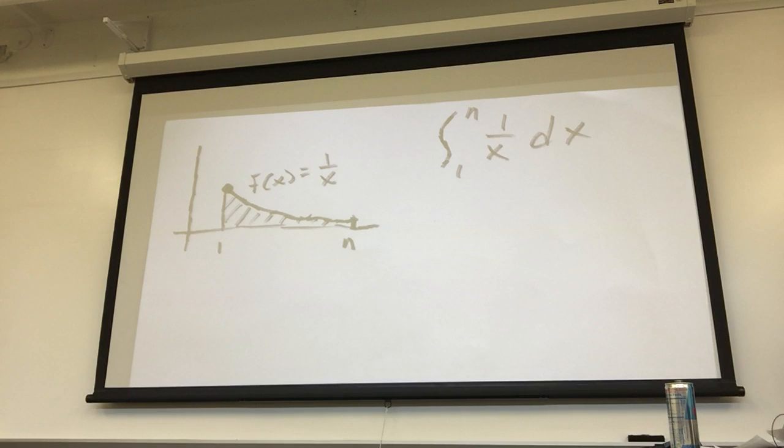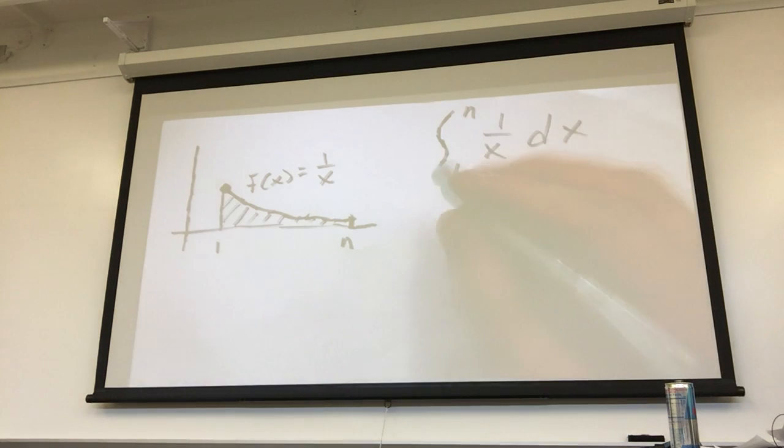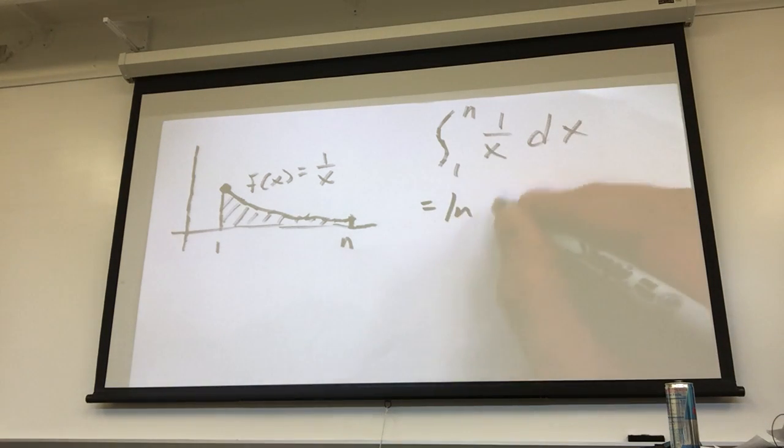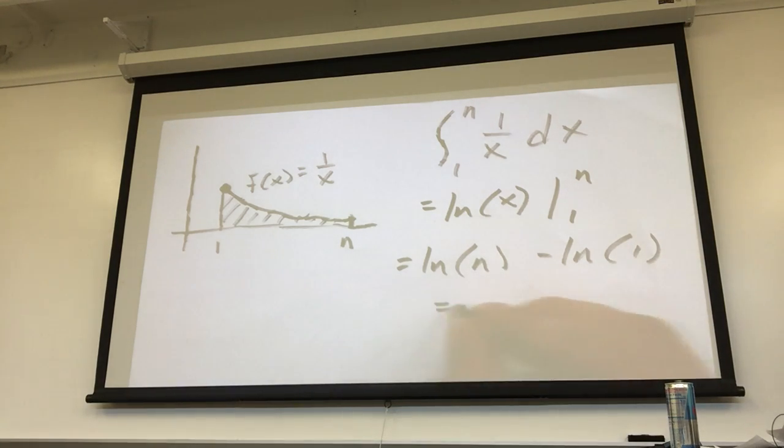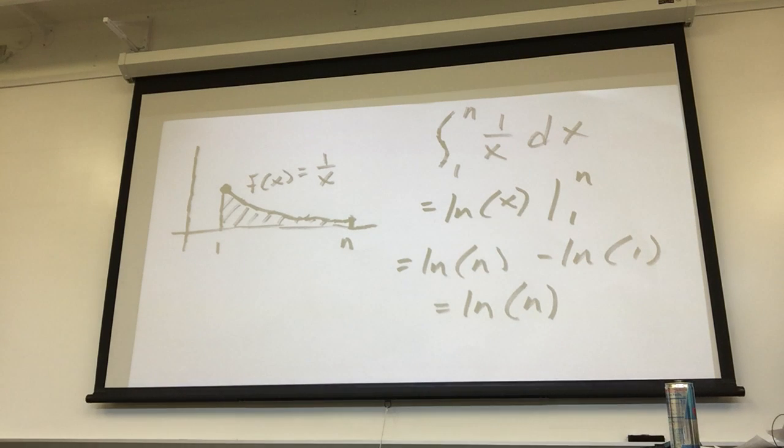And I know some of y'all haven't had calculus, but what I'm doing right now is I'm just calculating the area under the curve. This would actually equal the natural log of x evaluated at 1 and n, which would equal the natural log of n minus the natural log of 1. And the natural log of 1 is 0, so this equals the natural log of n.